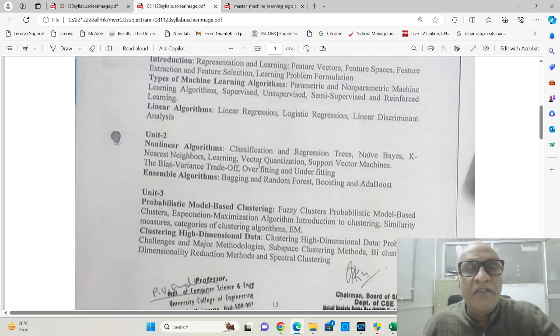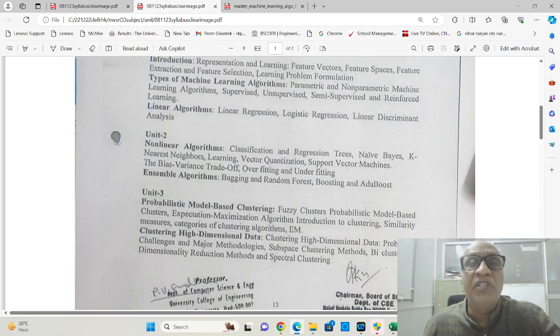Okay. So today we'll look at 2 points. One is vector quantization. The other one is support vector machines. If you remember last time, classification and regression trees and k nearest neighbor videos were shared with you for learning. So today we'll just make a walkthrough on these two topics, vector quantization and support vector machines.